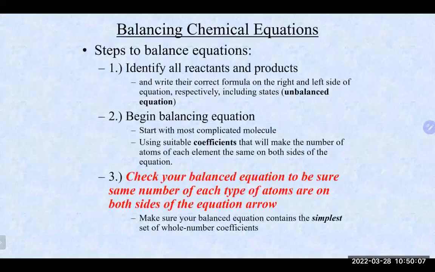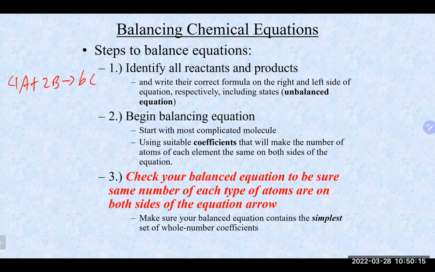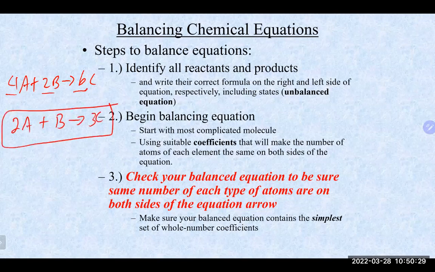So for example, if you had an equation with 4A plus 2B gives you 6C, and we'll just pretend that this is balanced, we could go through all these coefficients, divide by 2, and still get whole numbers. And you should do that. That would get you the properly balanced equation.